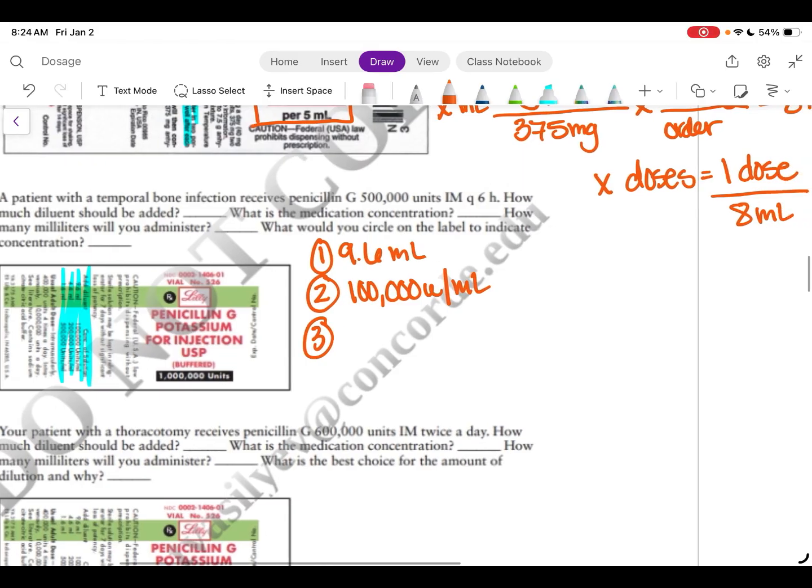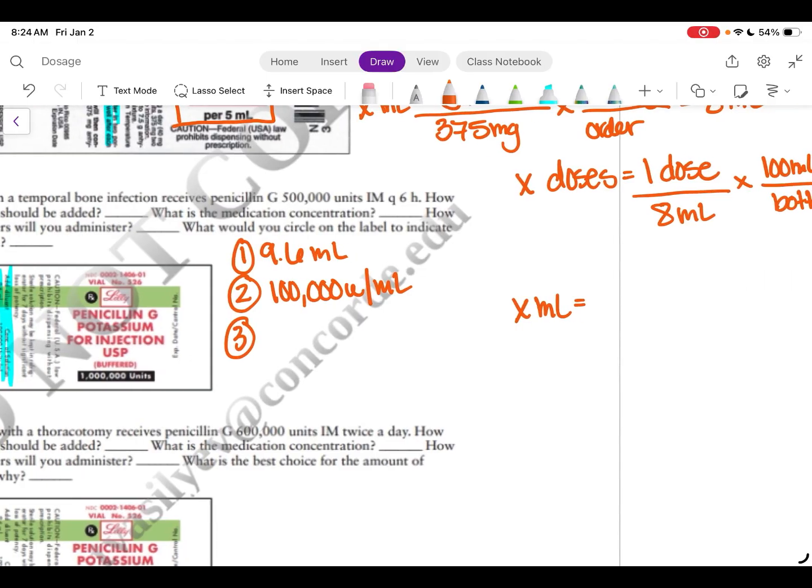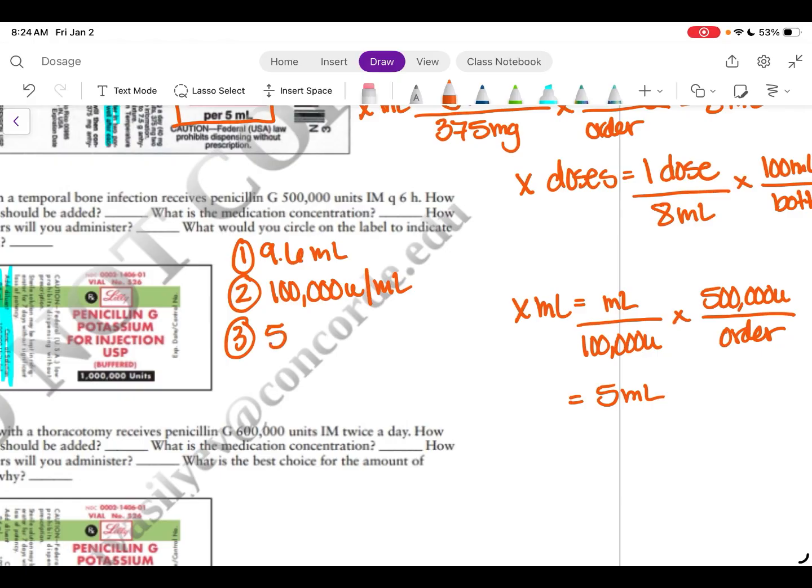Let's figure it out. X mL, right? I know I just said that my concentration is 100,000 units, right? And then my order is 500,000 units, right? So my answer to this question will be 5 milliliters. Okay.